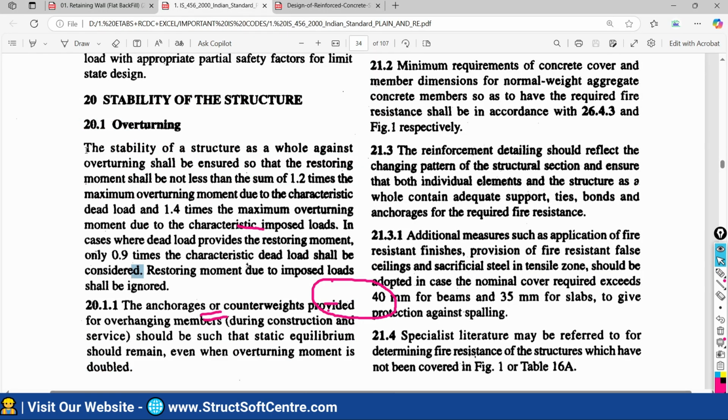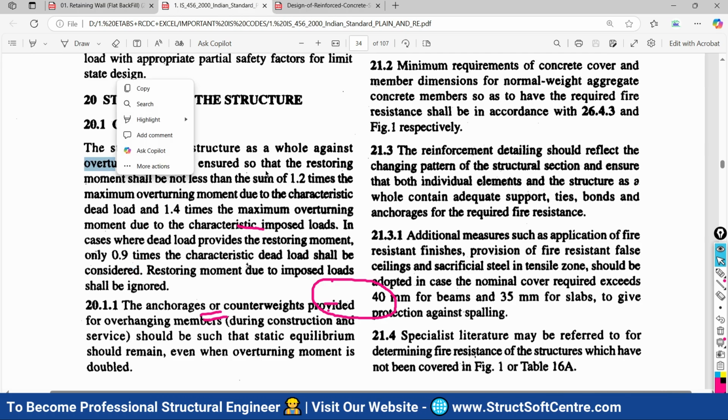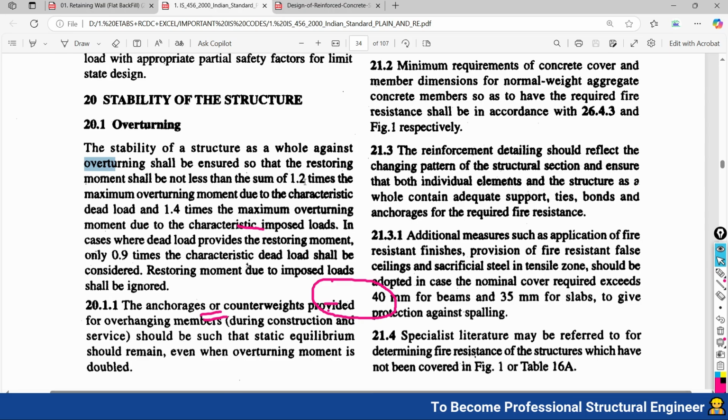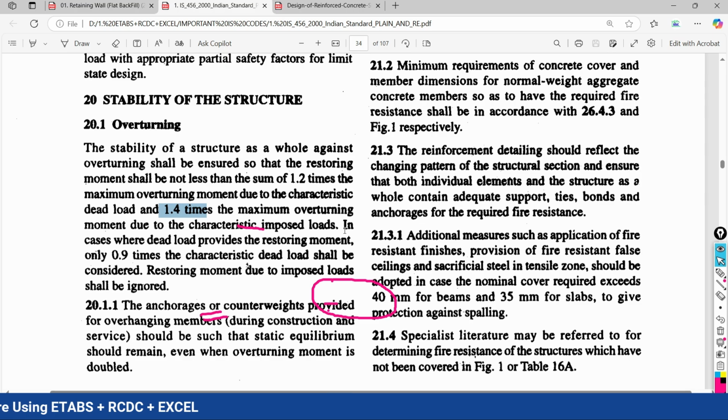The IS code says that the stability of the structure as a whole against overturning shall be ensured, so that the restoring moment shall not be less than the sum of 1.2 times the maximum overturning moment due to the characteristic dead load, and 1.4 times the maximum overturning moment due to the characteristic imposed load.